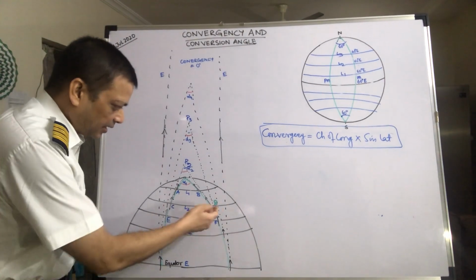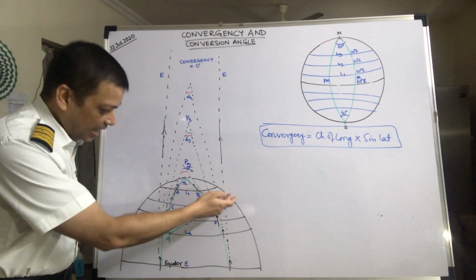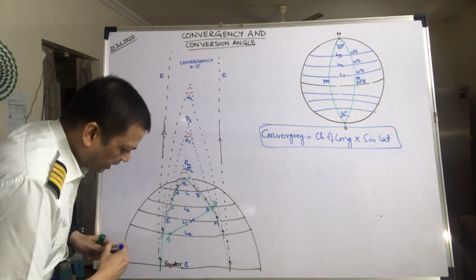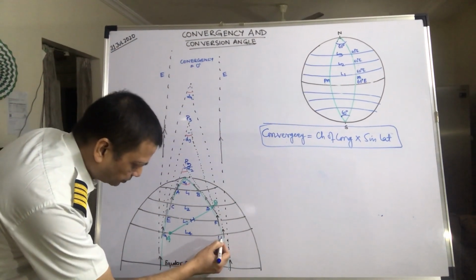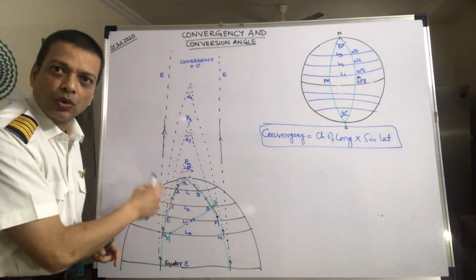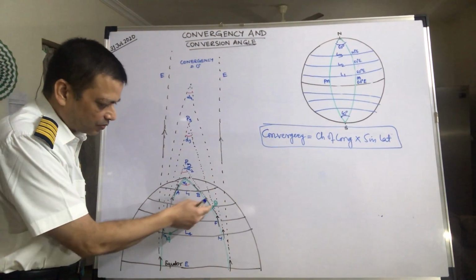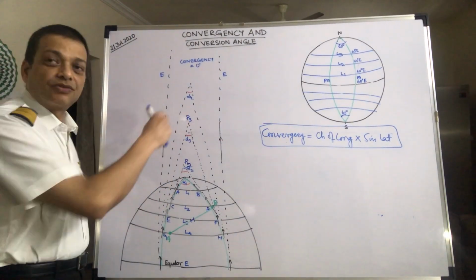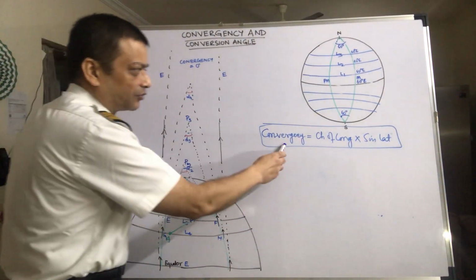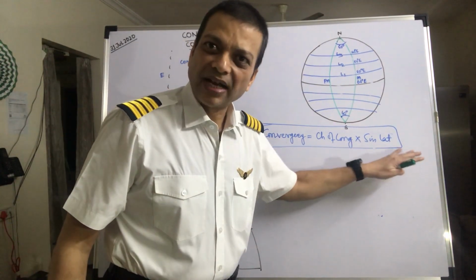That is to say that we take this latitude C and D, CD, as well as we take this latitude which is at G and H, you can say, and we take the mean of these two latitude. That is to, at some position this will come, and thereafter this will give you the angle which they subtends. That is to say that the convergency is equal to change of longitude into sine of latitude.